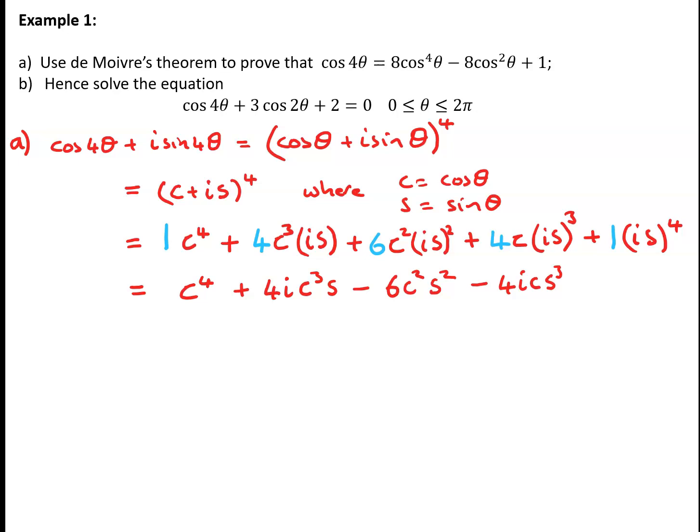And then finally, I've got one lot of i to the 4 s to the 4, but i to the 4 is just 1, so that's plus s to the 4.